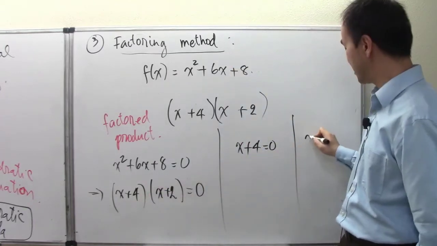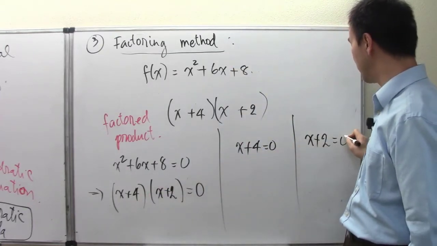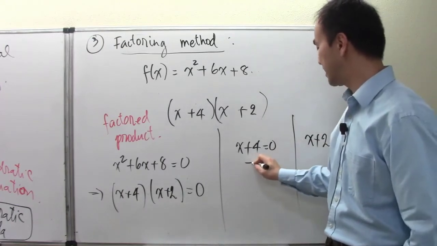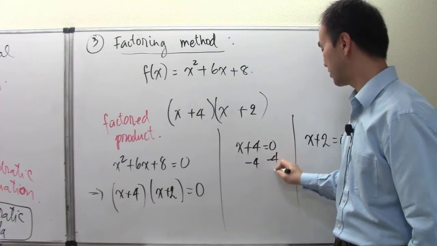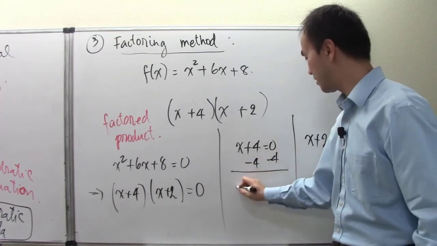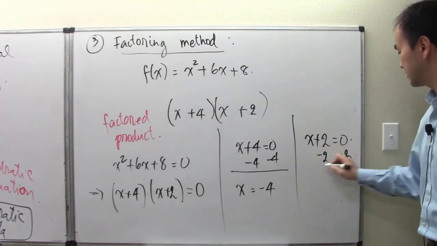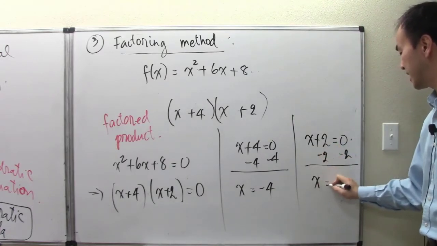I'm going to have another one, x plus 2, the other unique factor. Now I'm going to continue solving each one of these separately. So x equals -4 here, and subtracting 2 on this other one, x equals -2.